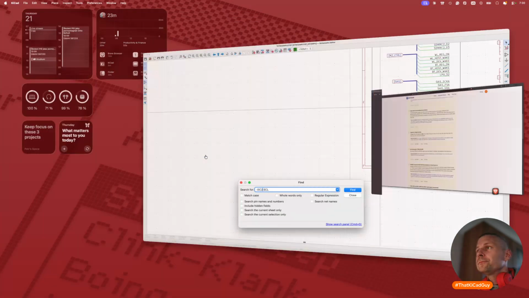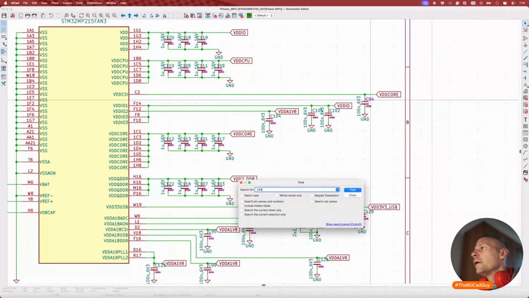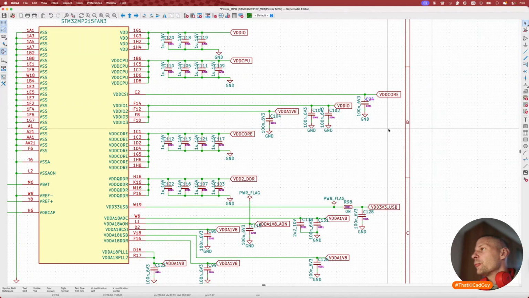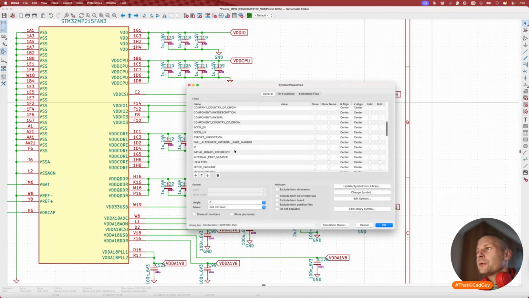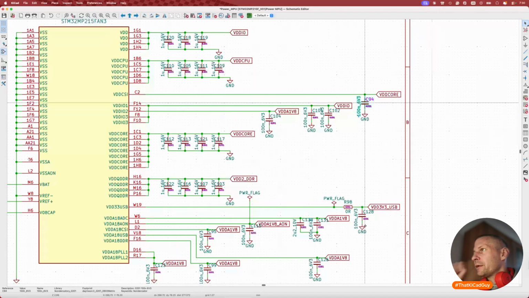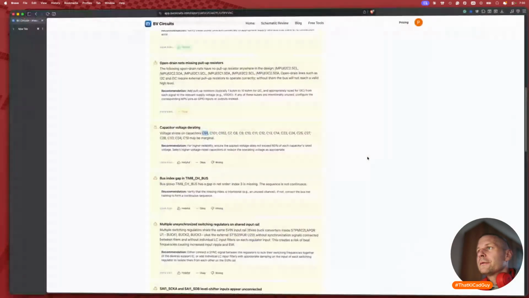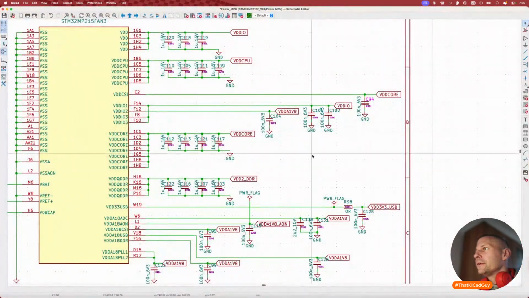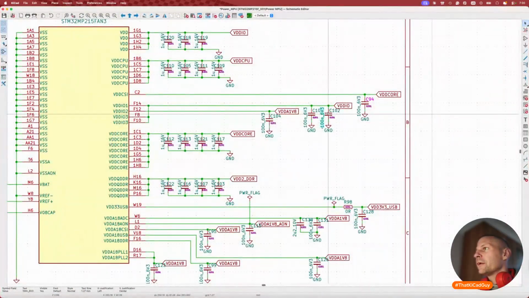C94, which is VDD core, which is, I don't know, 0.8, and this cap is 6.3. I don't know why so many attributes are here. Yes, that's correct, this one as well.